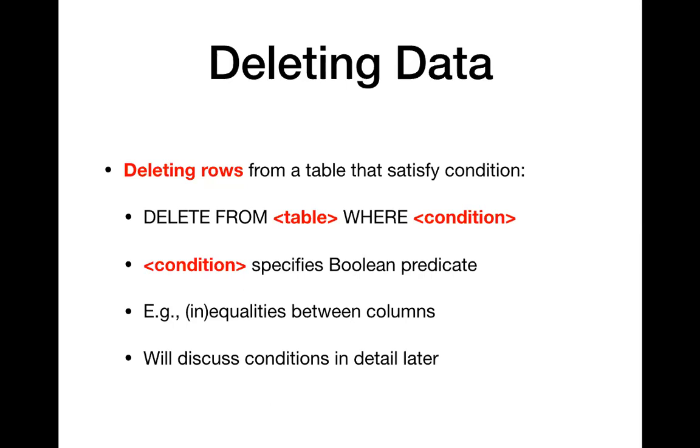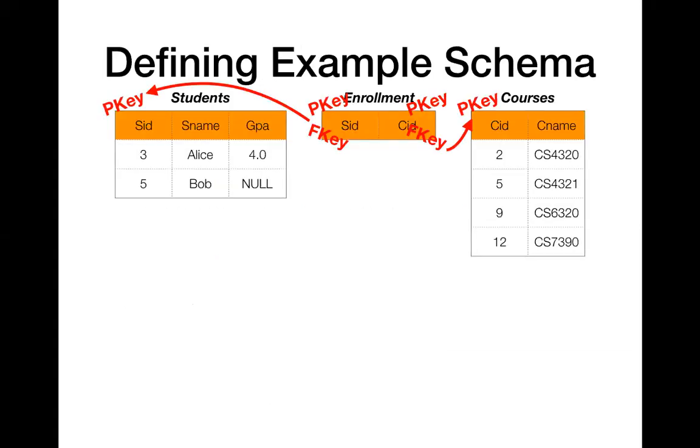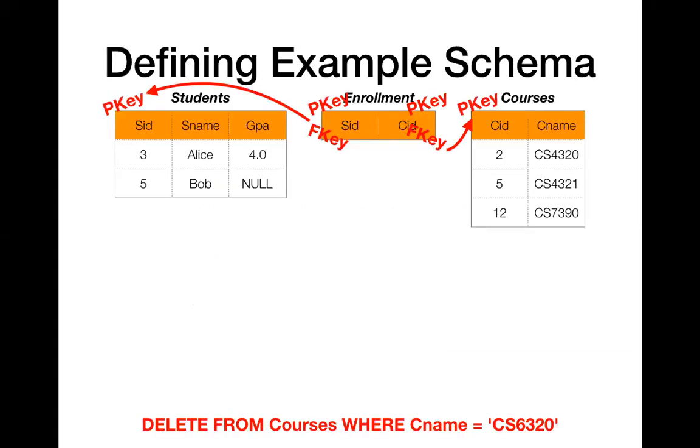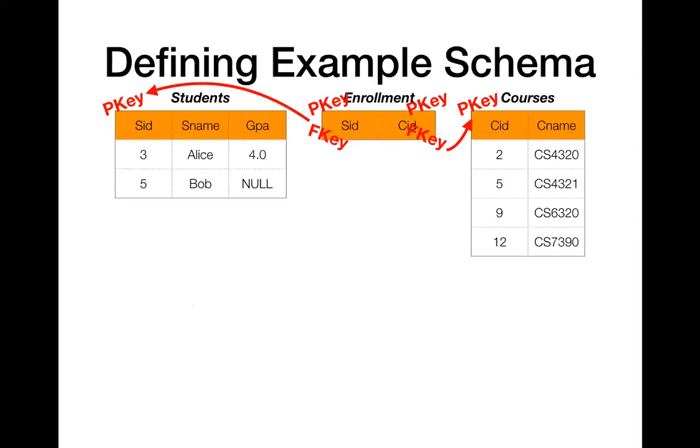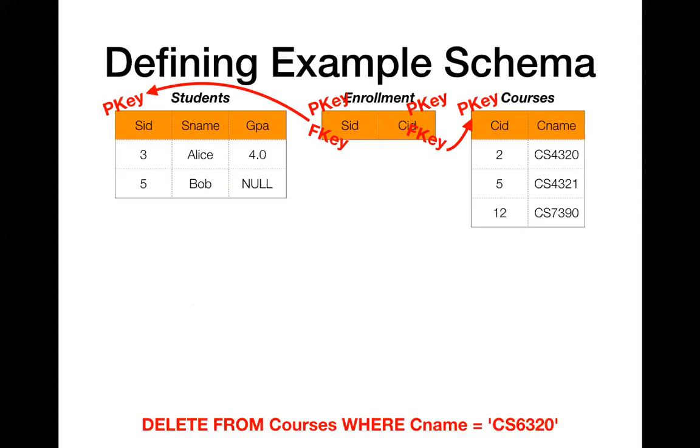SQL supports very rich conditions, but for instance, you could use some inequalities between columns and constants, and we will discuss all the different types of conditions in more detail later. For instance, in our course database, we might want to delete the 6320 course because that one is not given this semester. So if you observe the original course table after the command, it will shrink by one row because we delete the one where the condition CNAME equals CS6320 is satisfied.